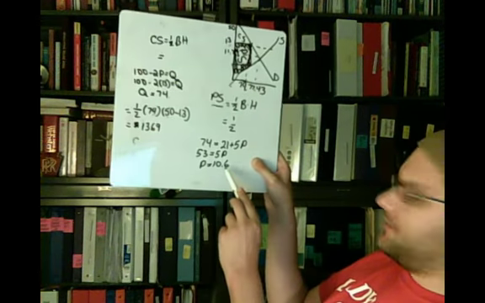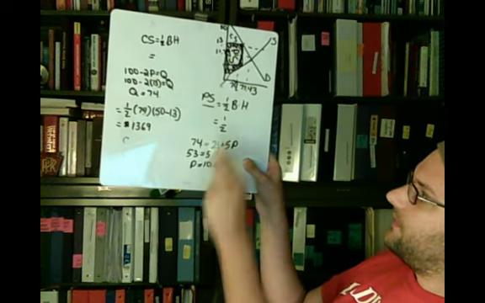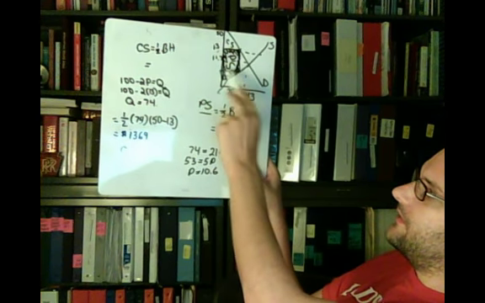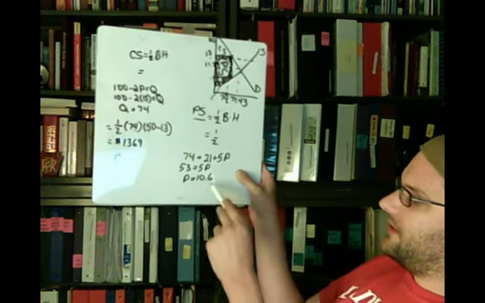Let's see, my original supply curve. Okay, so I found a price of 10.6. I substituted in 74 into my supply curve, so I could find this point right here, which is 10.6.